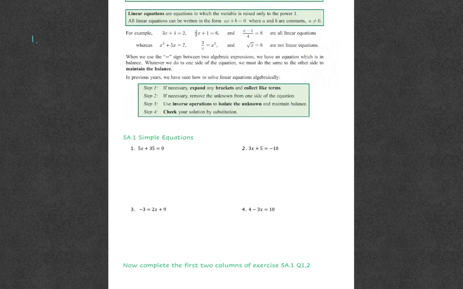Okay, so we're going to start here where it says simple equations, just some revision. So I've got an x, I've times it by 5, and I've added 35. So if I was going to work backwards, I would do the reverse. Subtract 35 and divide by 5.